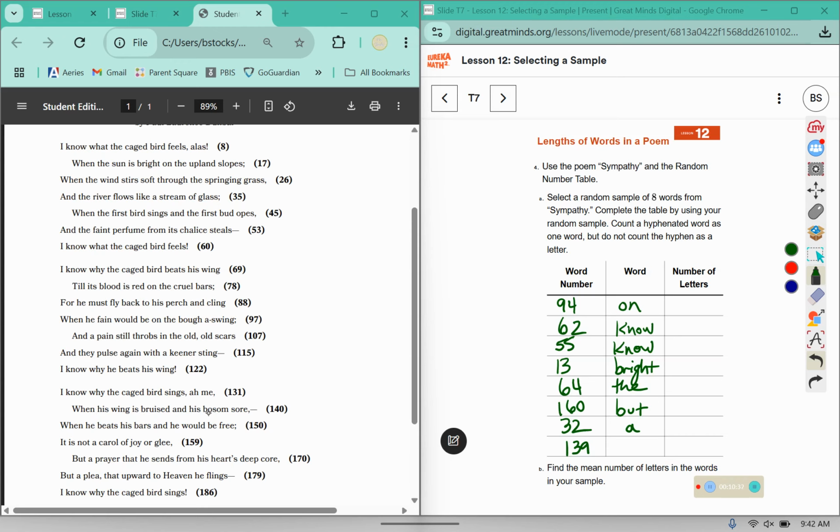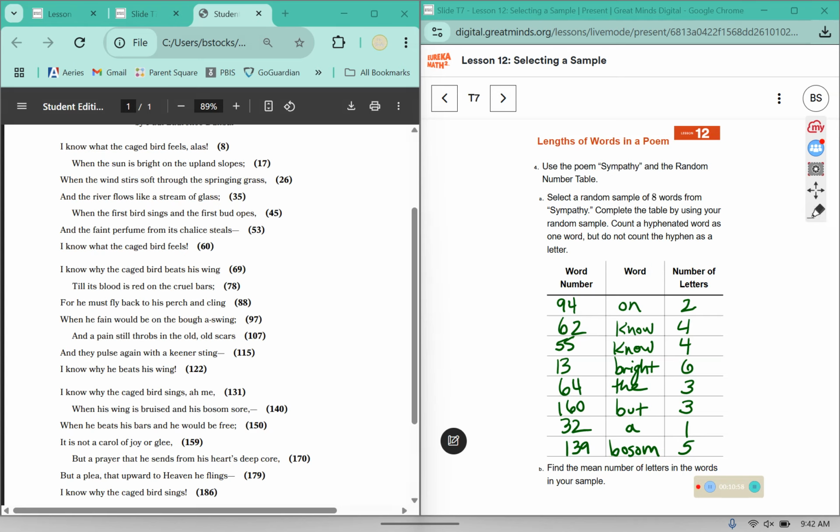This would be word 140, so 139 would be "bosom." How many letters are in these words? That would be 2, 4, 4, 6, 3, 3, 1, and 5.